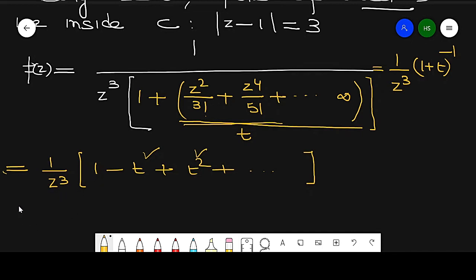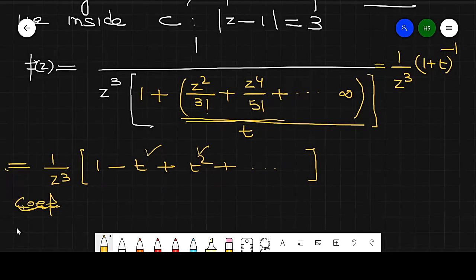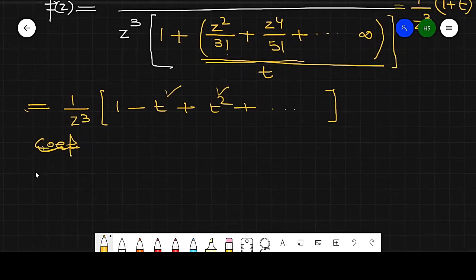So it means the coefficient of 1 by z cube is only 1, but my requirement is to find the coefficient of 1 by z. So let me simplify.